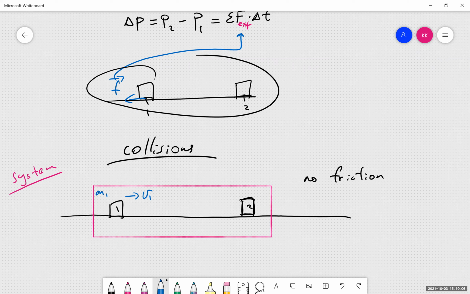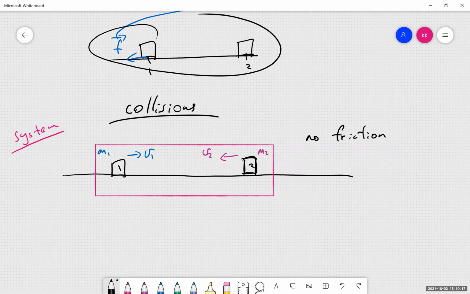The second one is moving to the left with V2 and has mass M2. If they're moving toward each other, they're going to collide at some point. This scenario represents before collision.